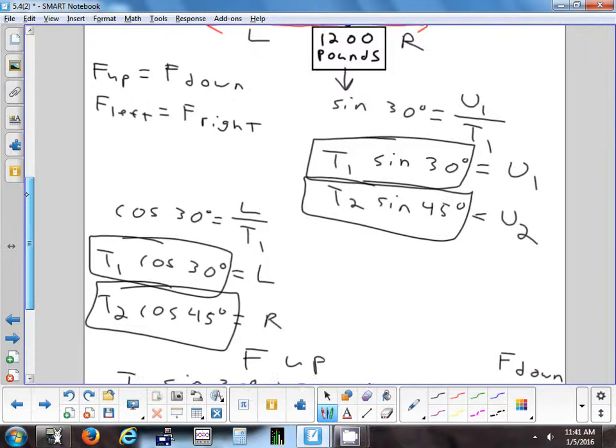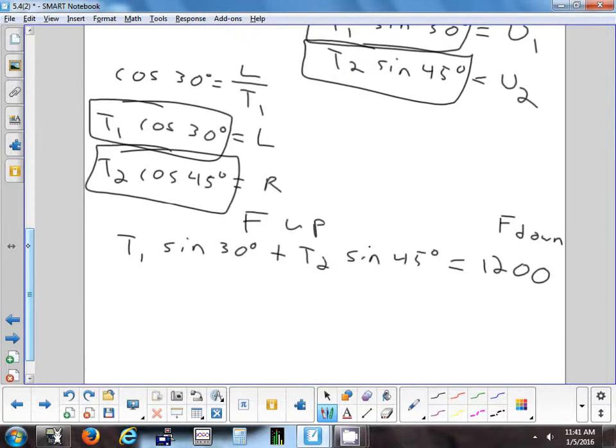Right, and now force left equals force right. So T1 cosine 30. Whatever force is pulling left, that same force has to be pulling right. T2 cosine 45. So this was force left, force right.